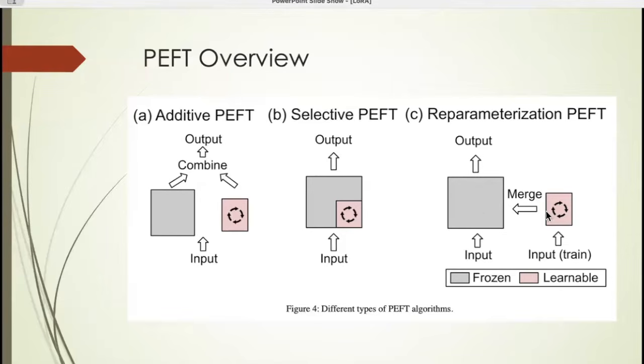So this part is going to be merged into the original LLM parameters. In the end, you still have the exact same architecture, no additional layer added. It's the same LLM architecture, but with the parameters updated from this merge.